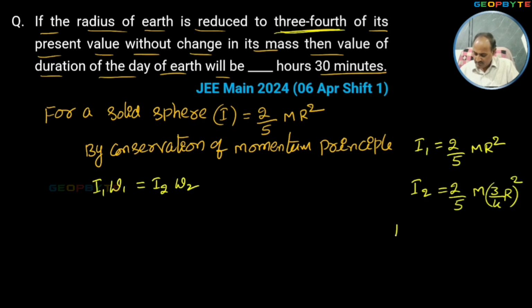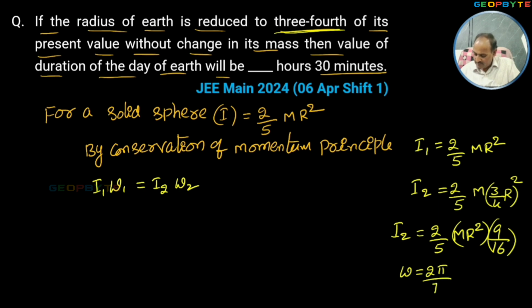Simplify this value: I2 equals 2 by 5 m r square into 9 by 16. Omega equals 2 pi by T, where T is the time period.